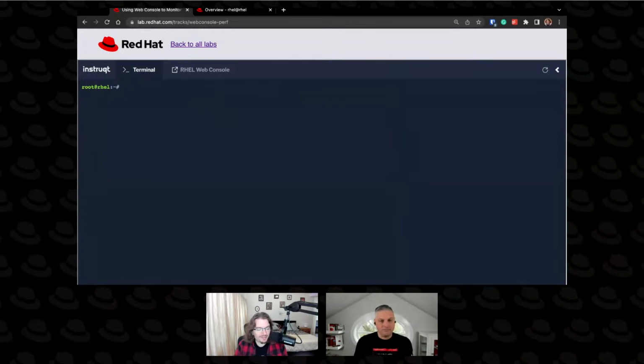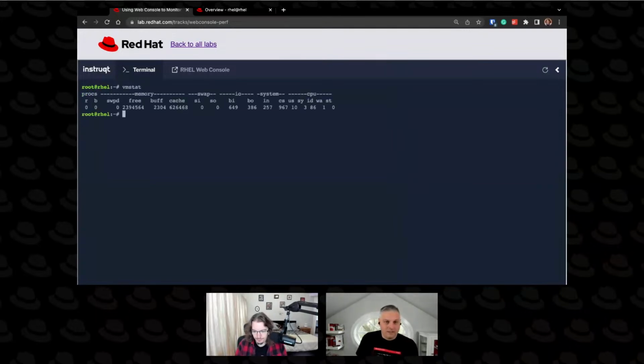Next tool we want to talk about is vmstat, or Virtual Memory Statistics Reporter. It shows a lot of the same information as top and free, but then it gives a little bit of extra information on how some additional subsystems are being used, specifically the swap in, swap out, and under IO, blocks in and blocks out.